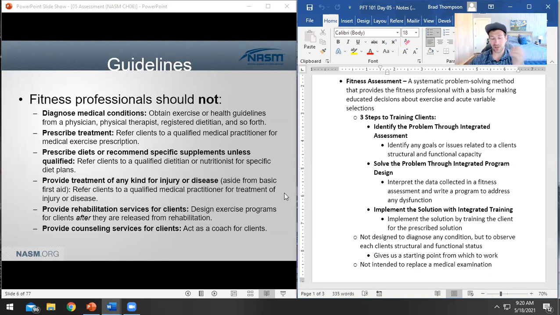We don't provide rehabilitation services either. So our job is to design exercise programs after our client is released from rehabilitation. Again, we're not physical therapists. We are going to be corrective exercise specialists, but there is a distinction there.